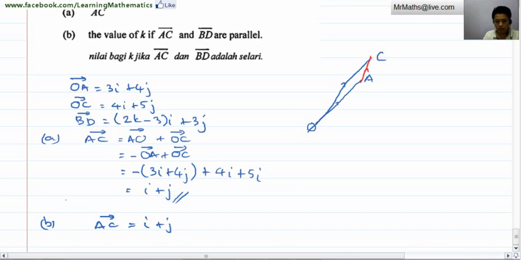So BD is equal to 2k minus 3 i plus 3j. For it to be parallel, it doesn't matter what the magnitude of the vector is, we just want the direction. So in this case, let's factorize BD so that it gives the same direction as AC.